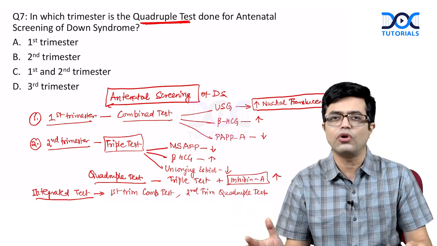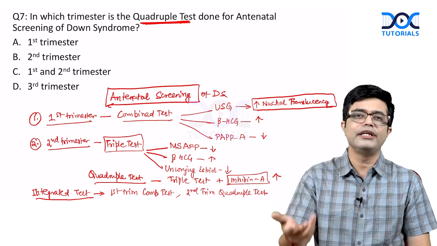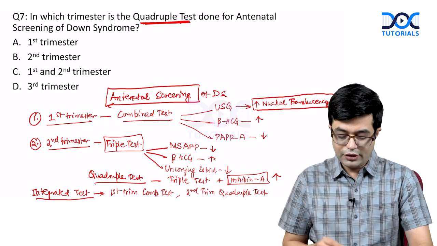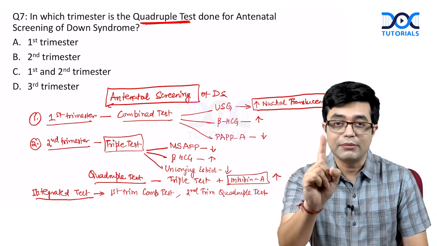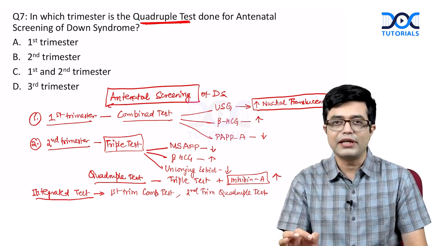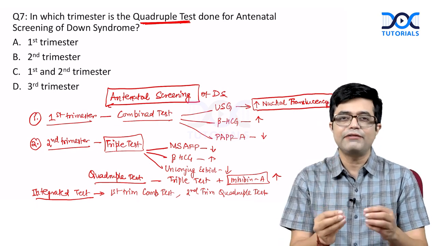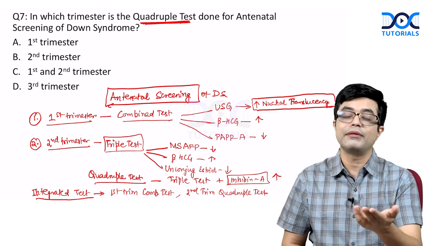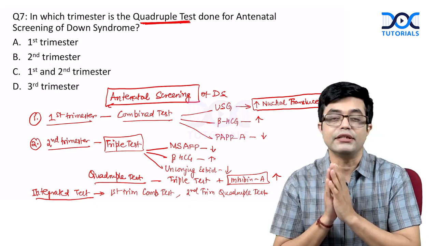There are different protocols based upon the types of screenings that we do, but beta HCG will be done only once. So remember, combined test is done in first trimester, triple test and quadruple test are done in second trimester. If they particularly ask which parameter can be checked in any of the trimesters, first or second, it is beta HCG.